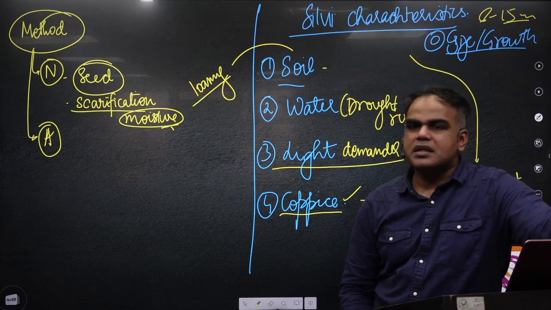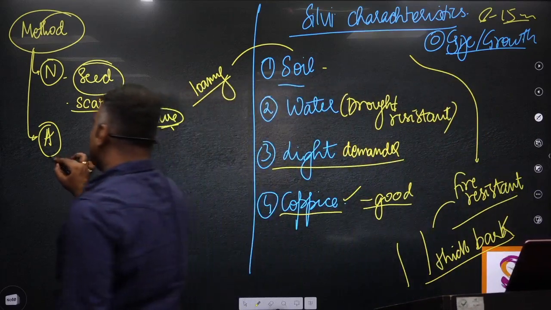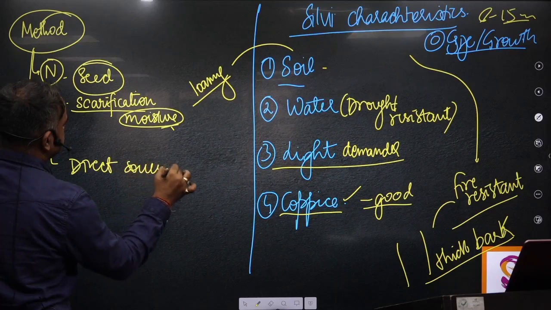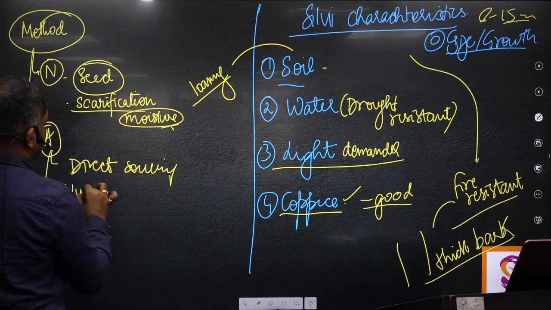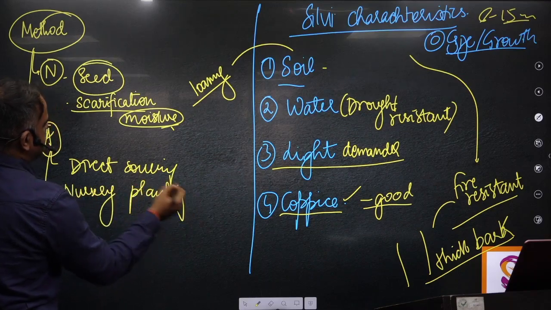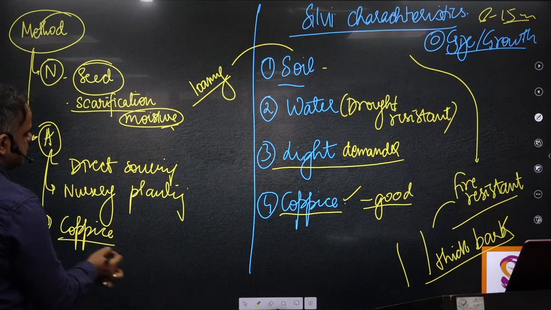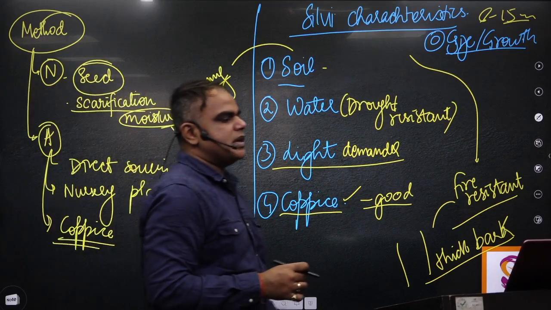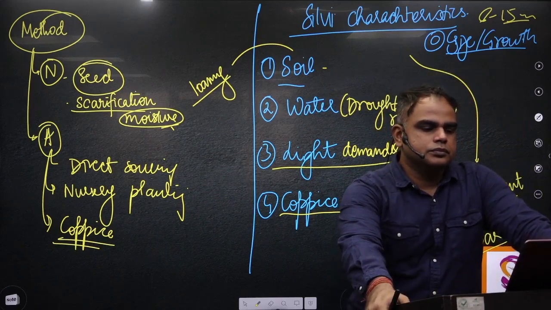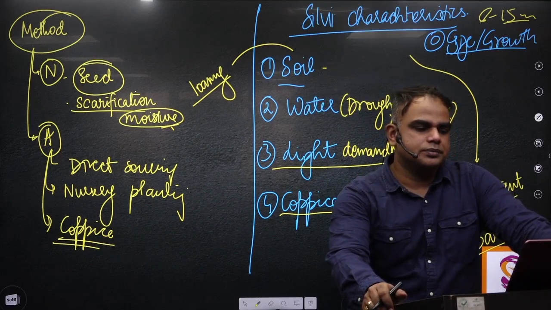Then talking of artificial, you can talk about direct sowing, planting via nurseries, nursery planting, plus it already has good coppicing ability, so this can also be there. It is managed in coppice systems, that is something we can also say.